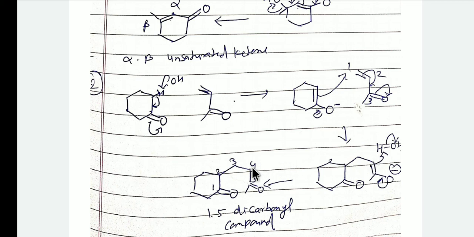The oxygen atom forms a covalent bond with this carbon atom, which appears here as the C=O double bond. So we get the 1,5-dicarbonyl compound.